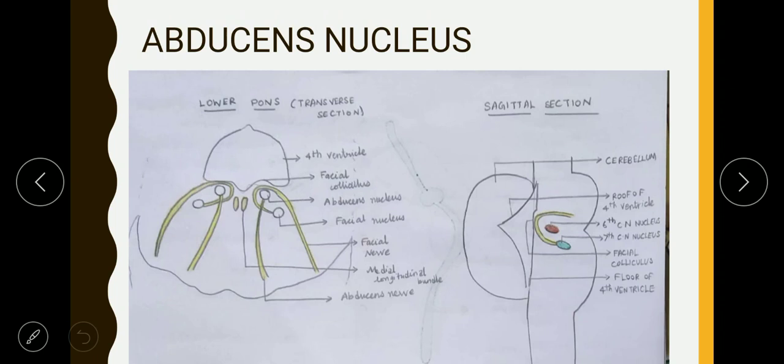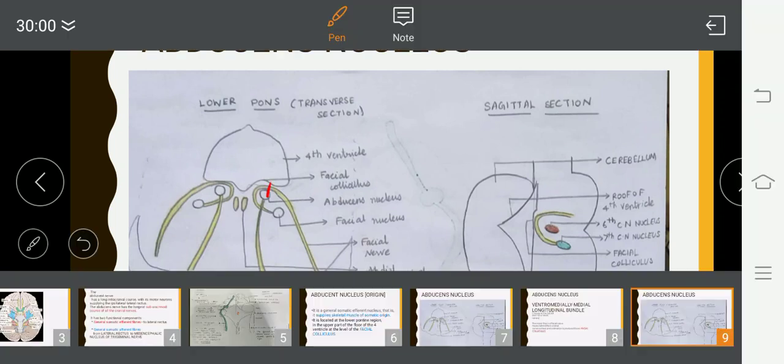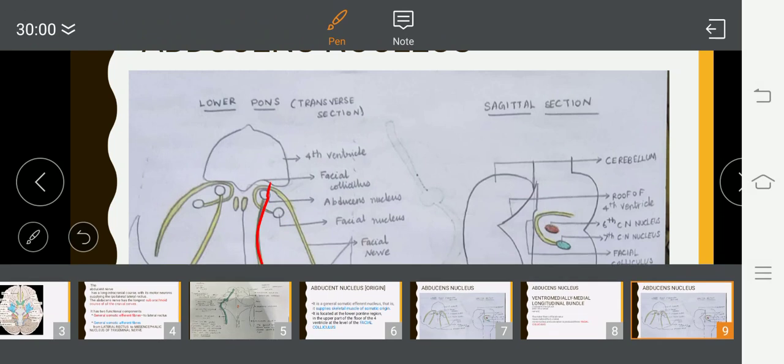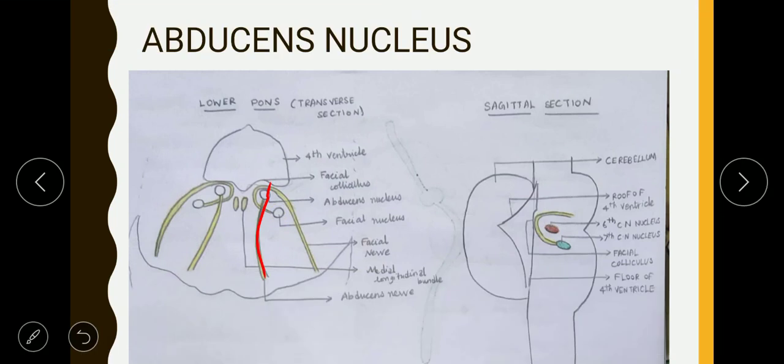Okay, so in this picture, we can see this is the sixth cranial nerve nucleus, and the fibers emerging from the sixth cranial nerve nucleus make the abducens nerve. So, this is the seventh cranial nerve nucleus or the facial nucleus.